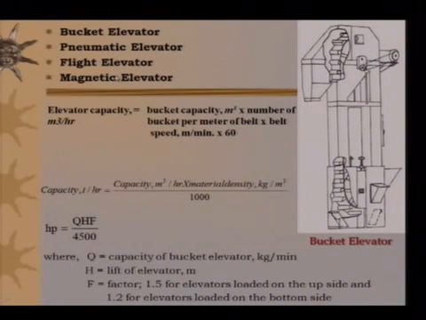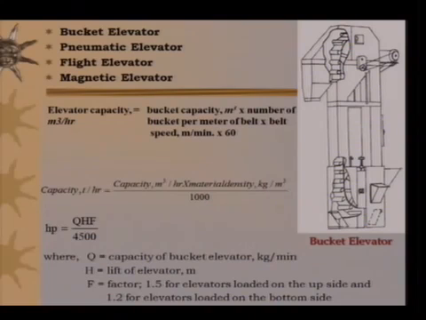The elevator capacity in meter cube per hour can be calculated as bucket capacity in meter cube into number of buckets per meter length of the belt into belt speed in meters per minute into 60. The capacity can also be calculated in tons per hour as capacity in meter cube per hour into material density, meaning bulk density. For paddy it can be taken as about 600 kg per meter cube, and for other materials the density varies, divided by 1000.